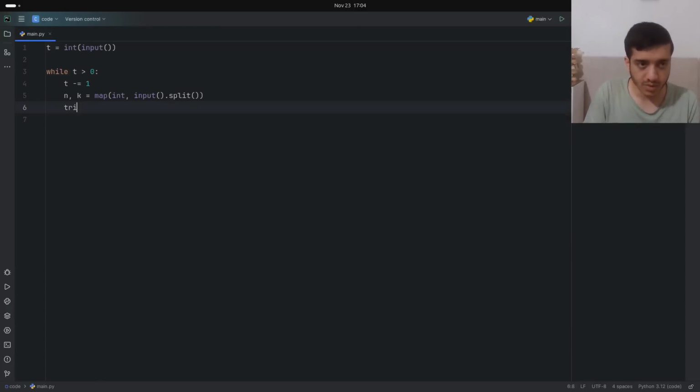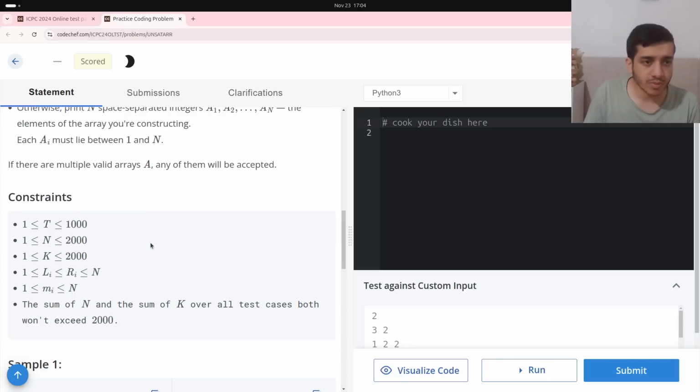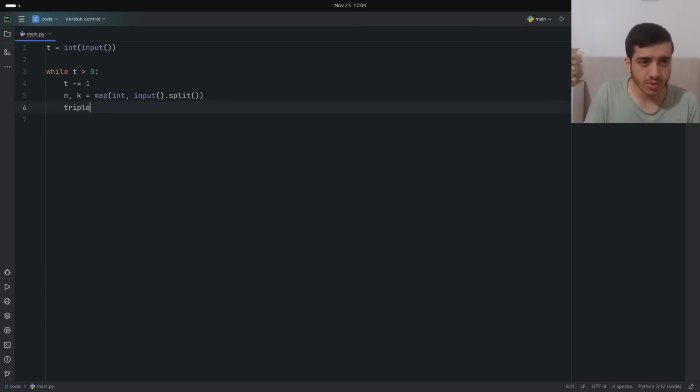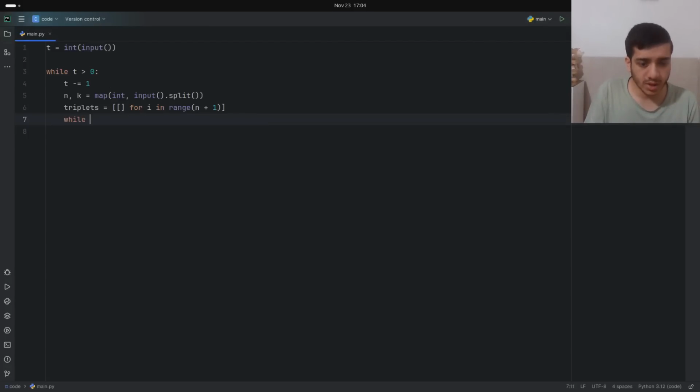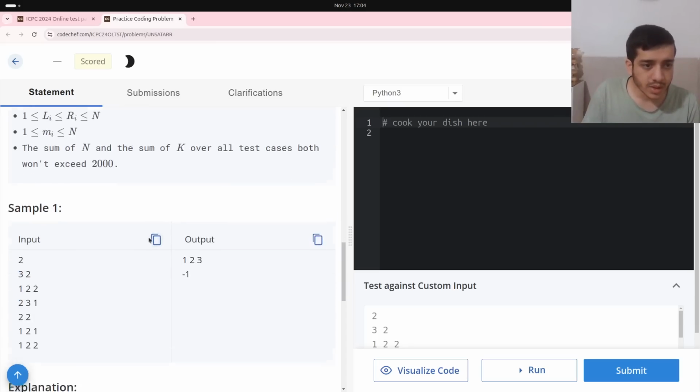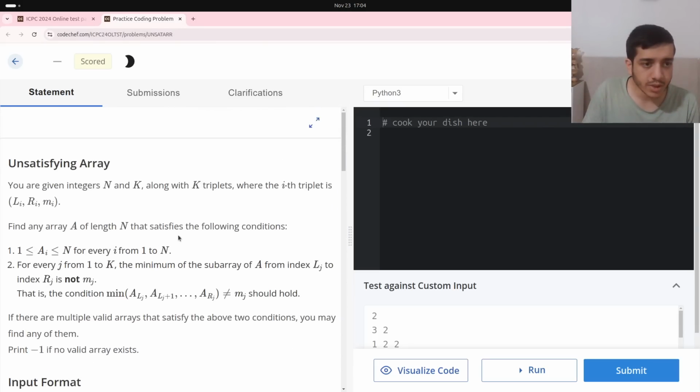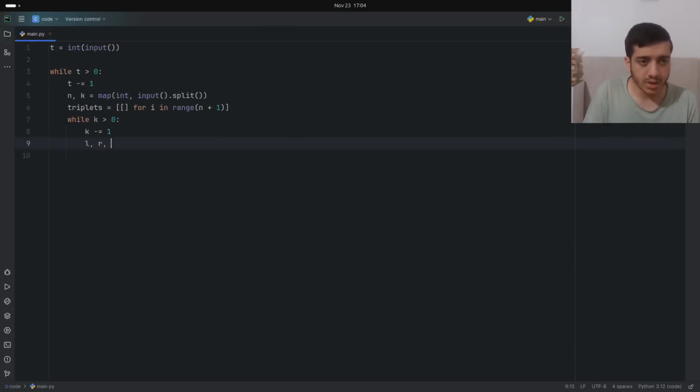So triplets, for i in range n plus 1, while k, then L, R, M, right?